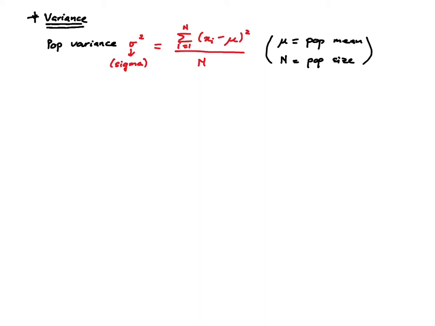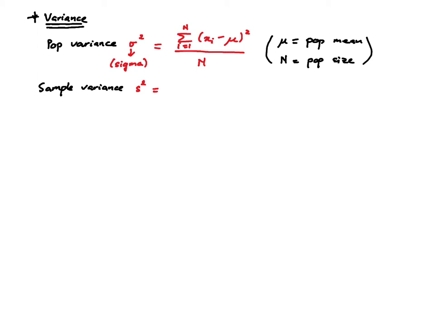Again, in almost all real-world applications, we don't have access to the population, so we often deal with samples. So suppose you have a sample. To calculate the sample variance, which is denoted by S square, you're going to use the following formula.